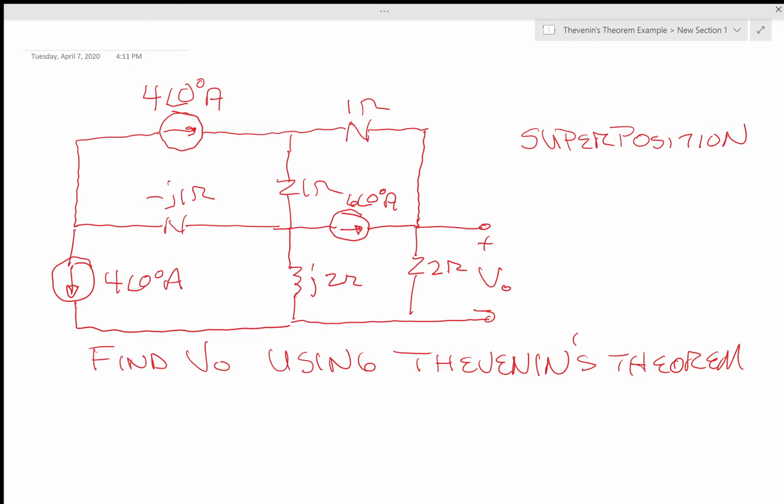Anyway, we're going to do that, but first we're going to go over Thevenin one more time, and it works the same way in AC as it did in DC.